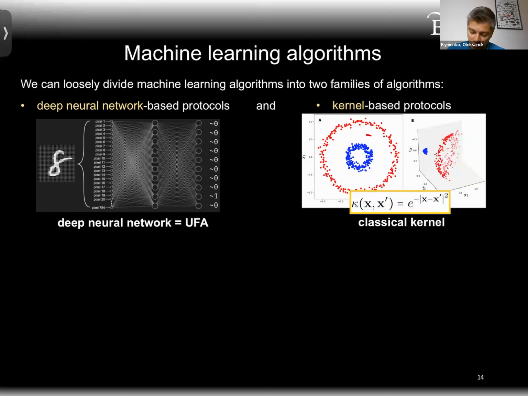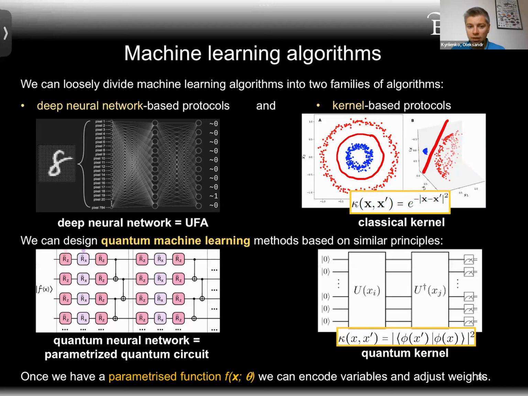Why nonlinear? Because you would need to separate the boundary between the blue and red dots with a nonlinear function. Or you could build just a plane that separates the two if you lift it into a higher dimension, in this case 3D. So that's the idea of classical kernels.